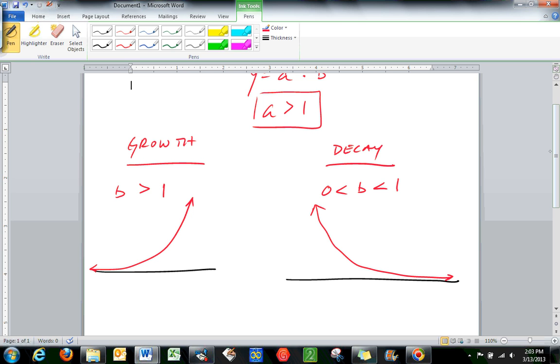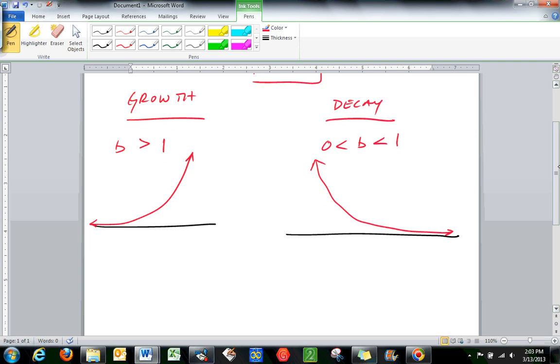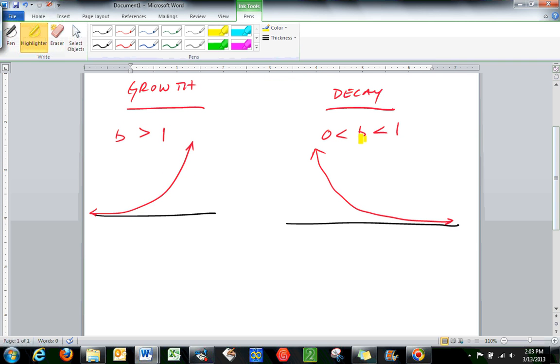Now, in general, since b is between 0 and 1, you're going to be dealing with fractions. So b is probably going to equal a fraction, but you have to be very careful. I'll give you a more specific example. Let's say we have y equals 2 times 3 halves to the x power.